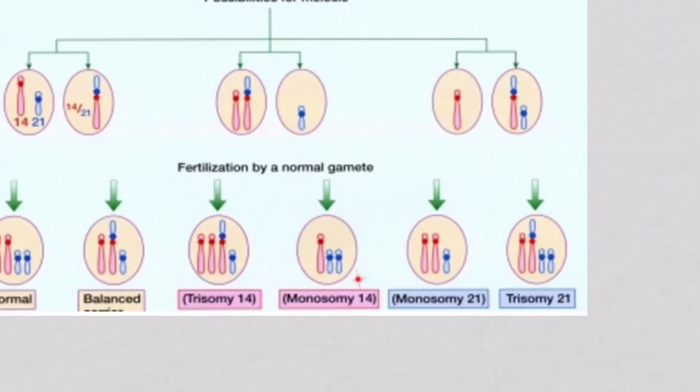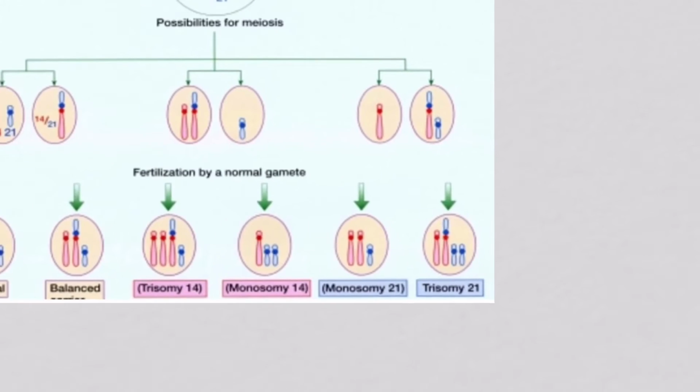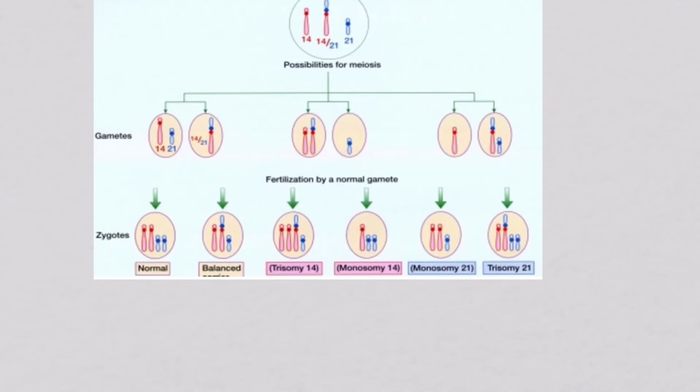So this fetus will spontaneously abort. Monosomy 21, I'm pretty sure that this is fatal as well, so this will be an unviable fetus, and this will lead to trisomy 21, or a baby with Down syndrome. So, of all of the different possibilities for children, only 2 of them lead to normal development for this baby.